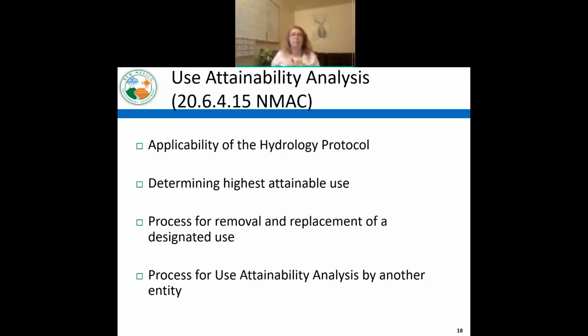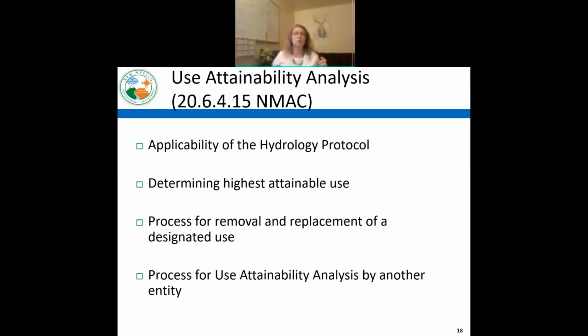In summary though, clarification of language here focused on incorporating headings to provide clarity on the application of each subsection, adding language to clarify that the hydrology protocol is an acceptable methodology for identifying perennial waters, adding a subsection to describe the process for determining the highest attainable use to provide consistency with the federal regs, adding a subsection to provide clarity and consistency with the process for removing and replacing a designated use.